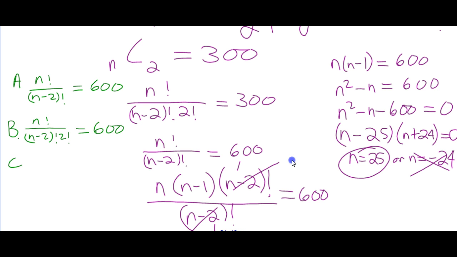C, n minus 2 factorial 2 factorial. Now I can't say equals 300 because then I have 2 correct answers, right? So you can't do that. 150. That's starting to get silly now, right? But in other words, you could get stuff in a form that you're going to get.